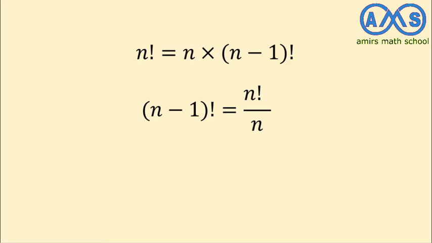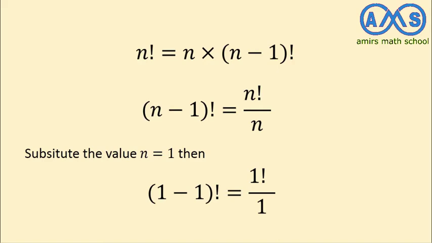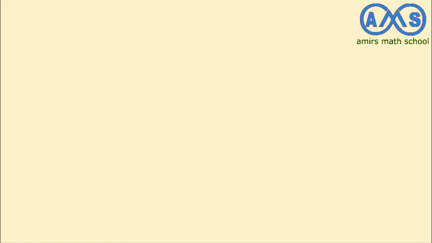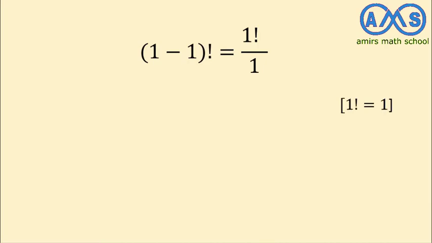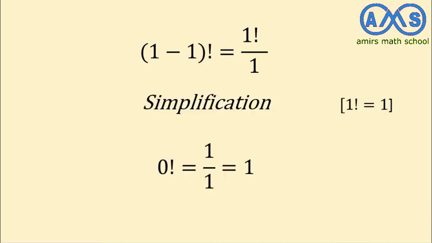After simplification, we can write n minus 1 factorial equals n factorial divided by n. And if we substitute the value n equal to 1, then we have 1 minus 1 factorial equals 1 factorial divided by 1. We can easily say 1 factorial equals 1. And after simplification, we get 0 factorial equals 1 divided by 1, that is 1. So this is our value, 0 factorial equals 1.